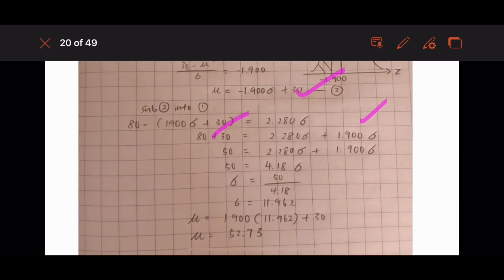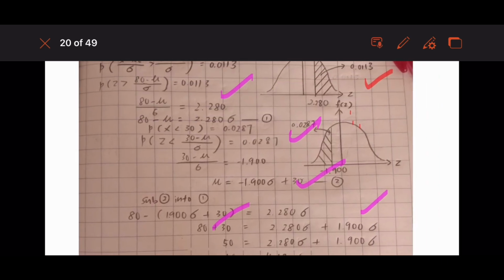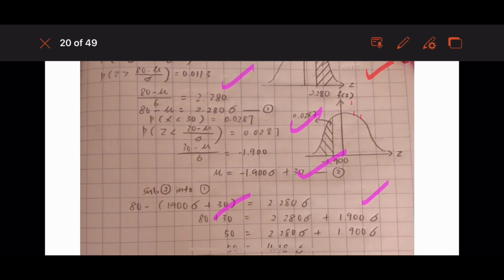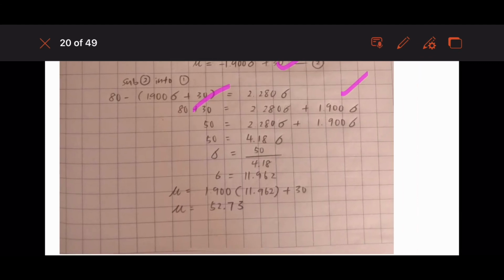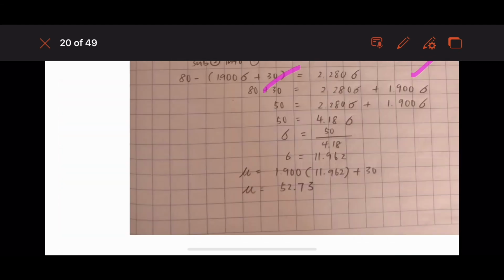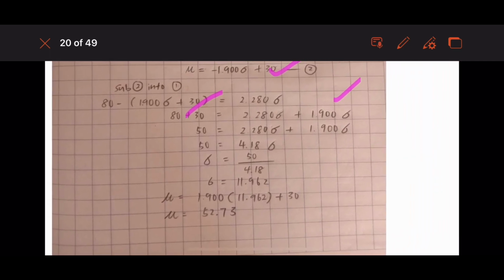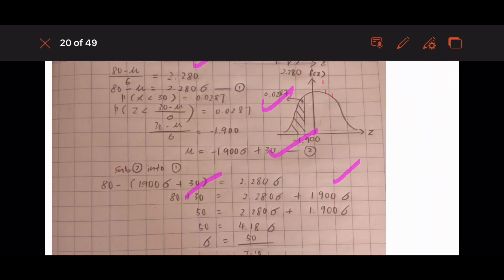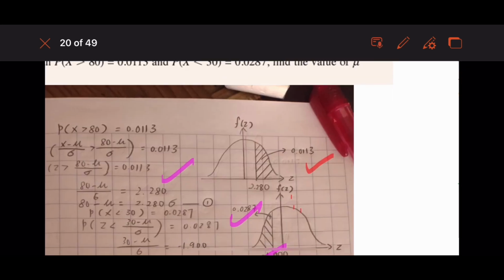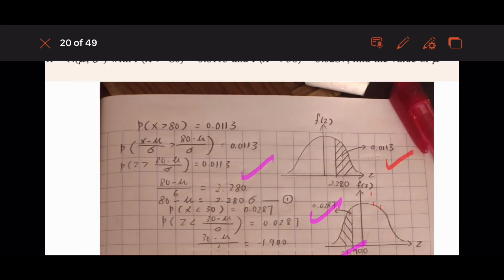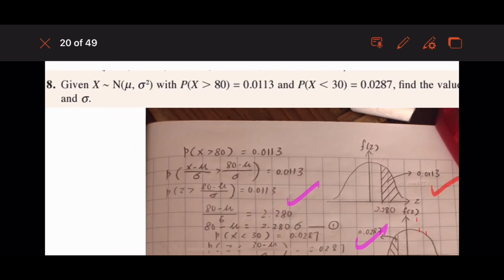Then I find the z-score equals negative 1.900. So I let (30 - mean) over standard deviation equal negative 1.900. And I let the mean equal 1.900 times standard deviation plus 30 as equation 2.